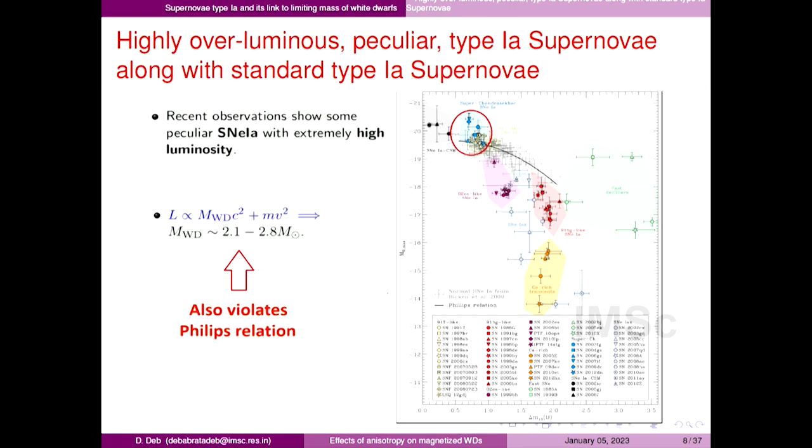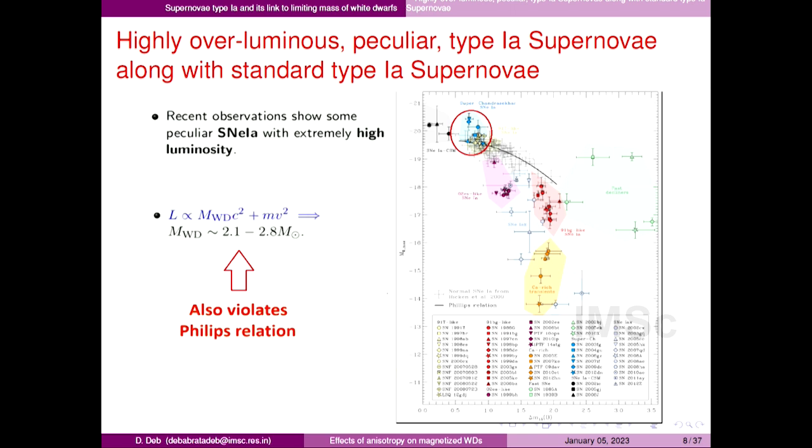Further, it has been seen that the nickel mass found for these Type Ia supernovae is as high as 1.8 solar mass. But normally, for a normal Type Ia supernova, the nickel mass critical limit should be like 0.85 solar mass. So you can see the nickel mass is much higher for this peculiar Type Ia supernova.